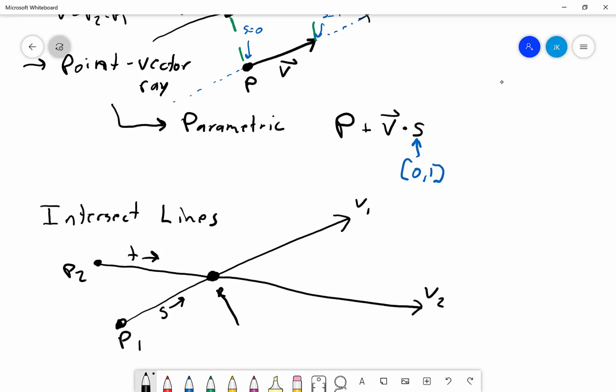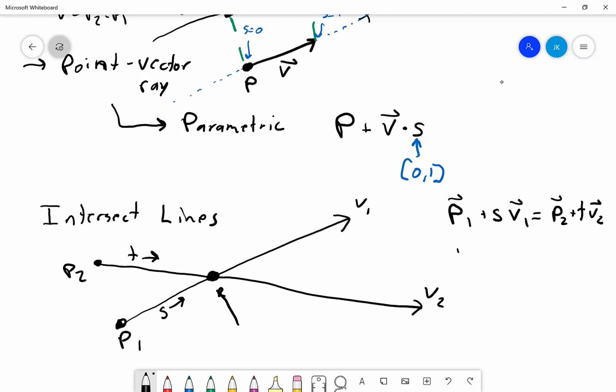So in other words, we are wanting to solve P1 plus S times V1 is equal to P2 plus T times V2. And these are vectors, and the points are kind of a vector quantity also. They have both x and y components. Okay, and so this has to be true in both x and y.